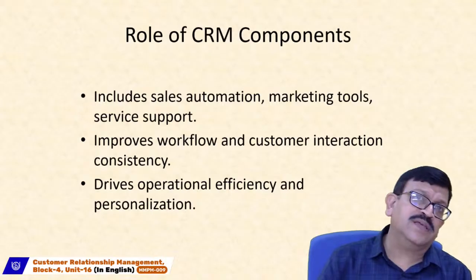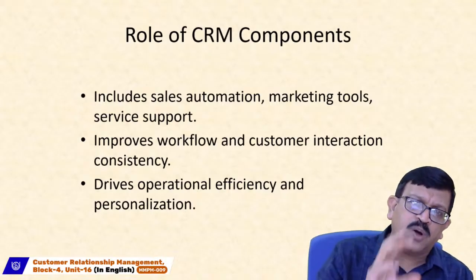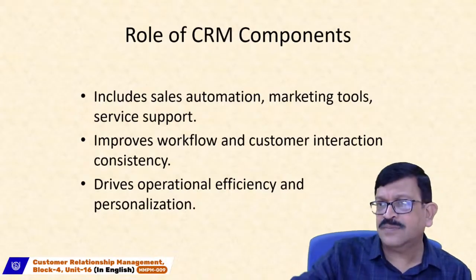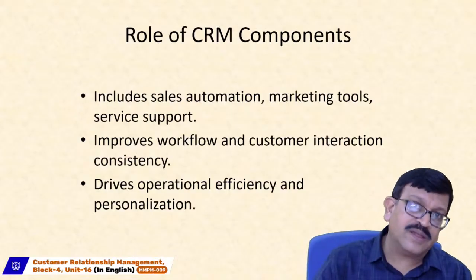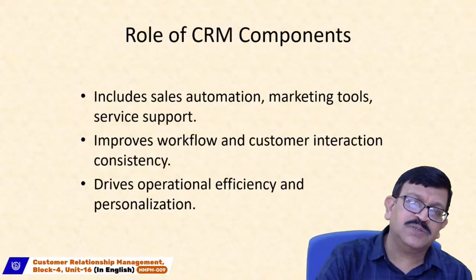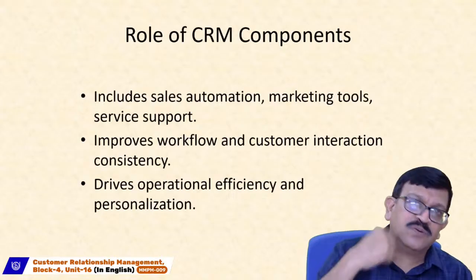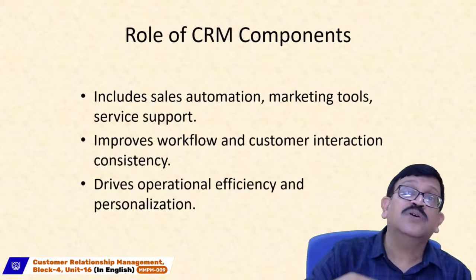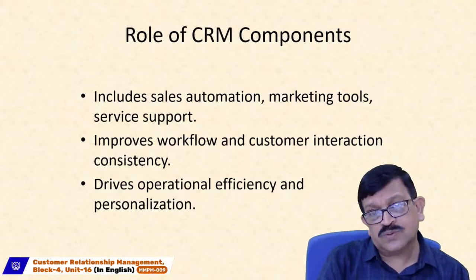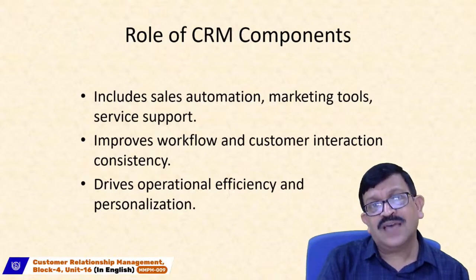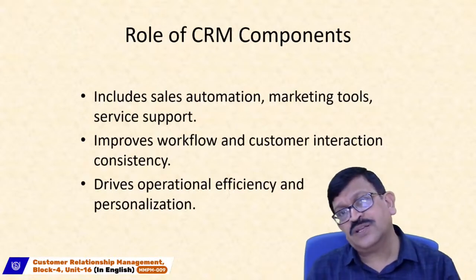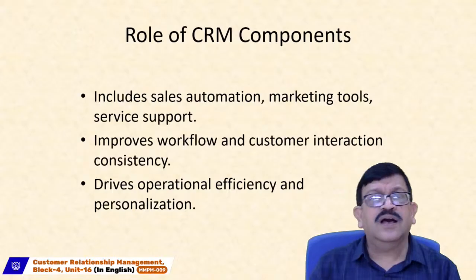Thereby you can say, okay, this could be a warm, hot, or whatever, then you can categorize them, and all this can be automated. A mailer could be sent to them, and once it reaches, what kind of response are they giving? Are you giving reminders? And once the sale happens, what is the service support that is being given, right?